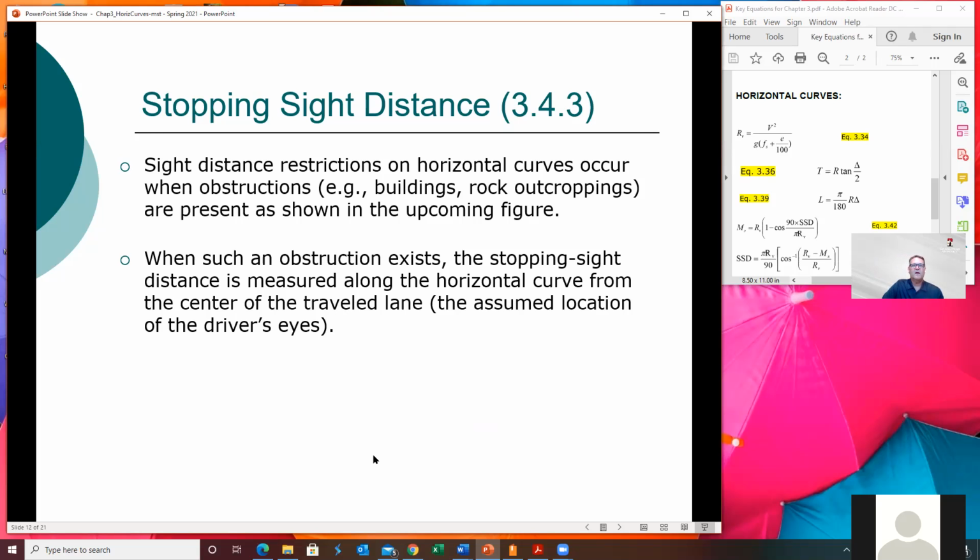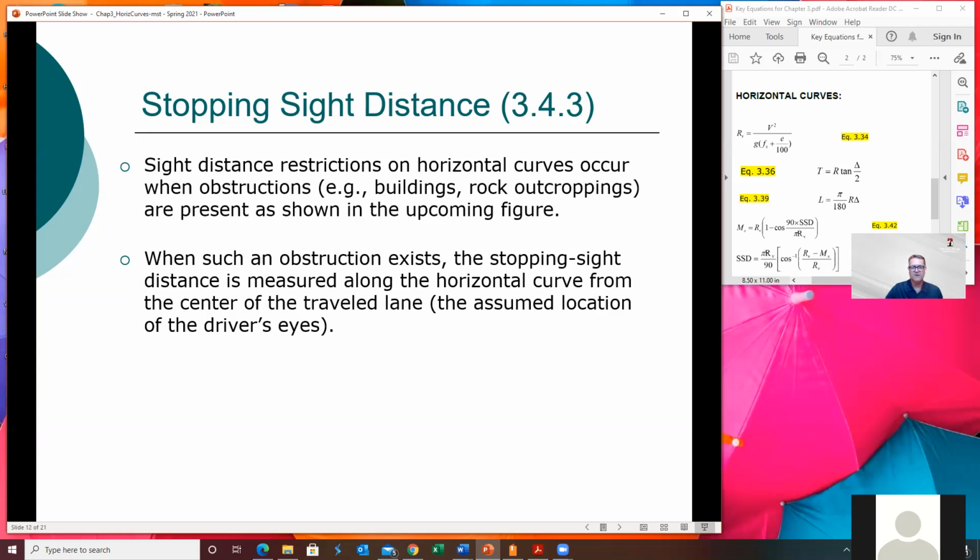So anyway, the stopping sight distance is measured along the horizontal curve from the center of the traveled lane, the assumed location of the driver's eye. So when we start talking about that distance to an obstruction for stopping sight distance, we'll measure it from the middle of the lane as opposed to the center line of the highway.